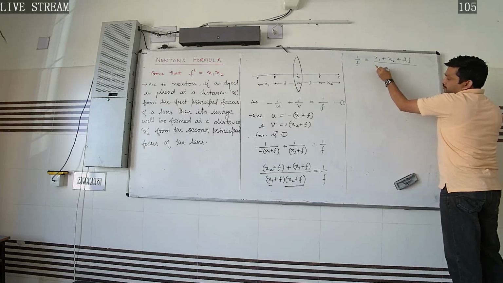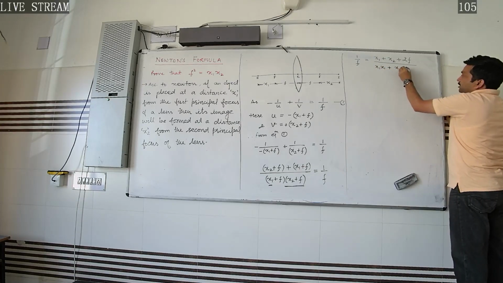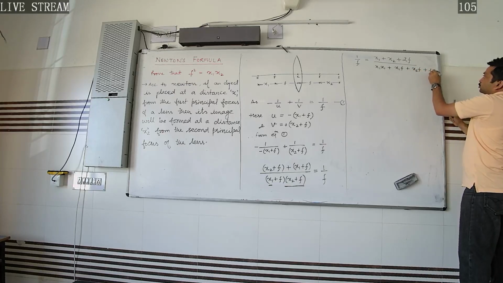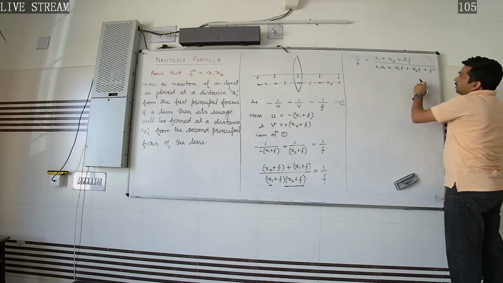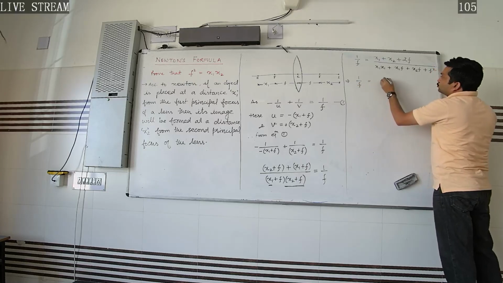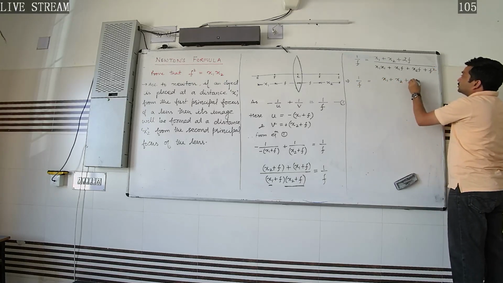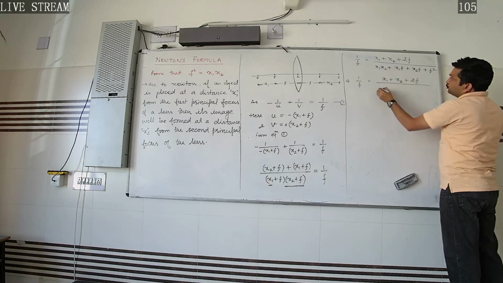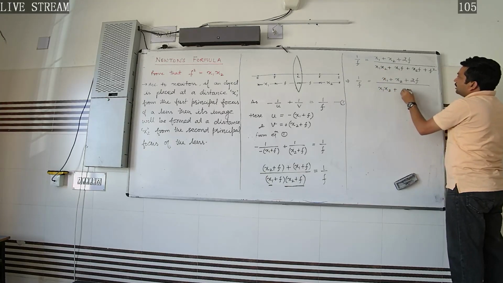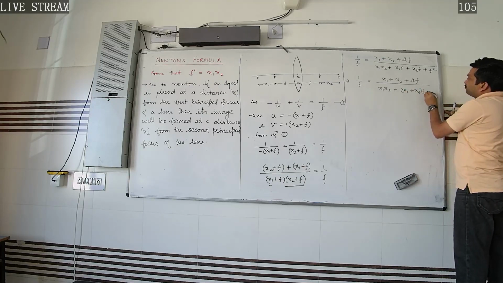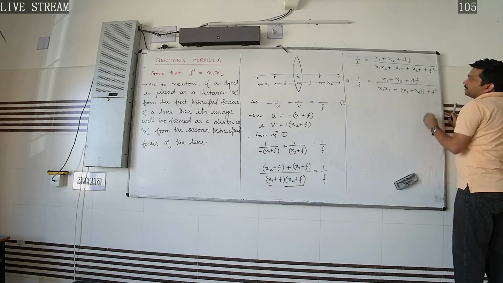So what we get? x1 x2 plus x1f plus x2f plus f square. In this way, which implies 1 by f is equals to x1 plus x2 plus twice of f divided by x1 x2 plus x1 plus x2 into f plus f square. In this way we can write.